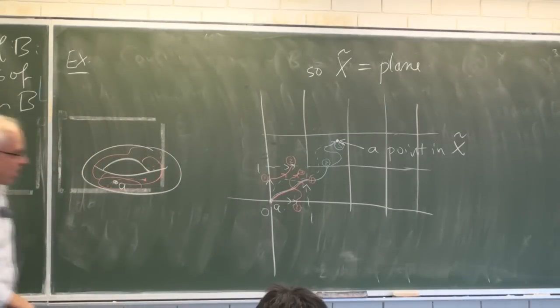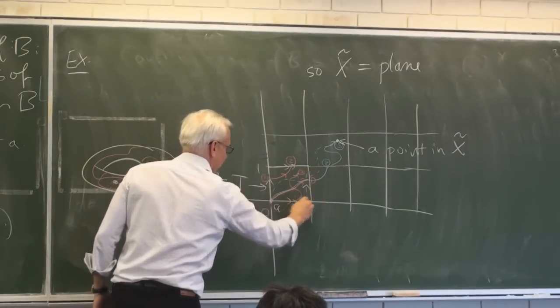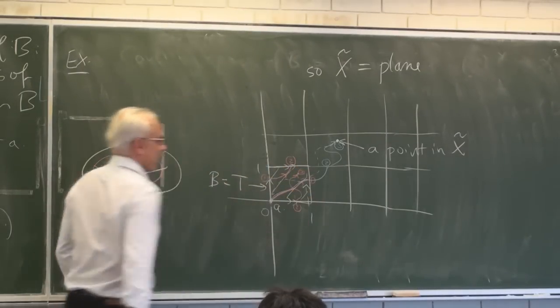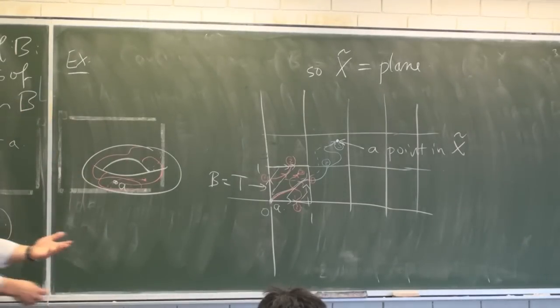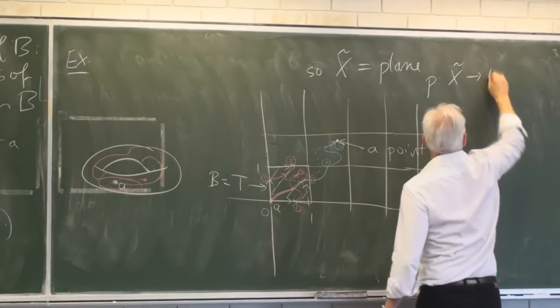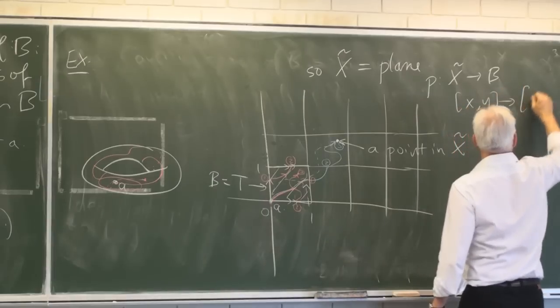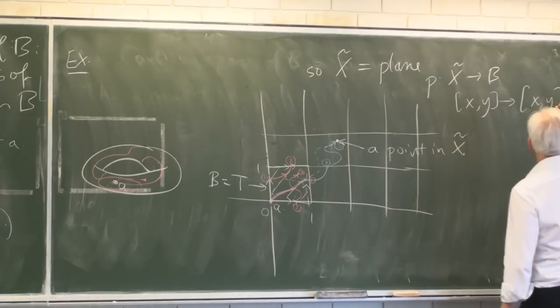And what is the projection onto the torus? Here's the torus, that initial square there. Well, the projection is just the familiar one, that sends a point x, y to x, y mod 1.